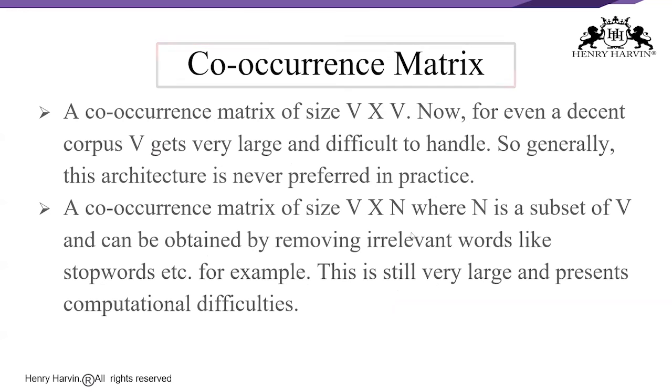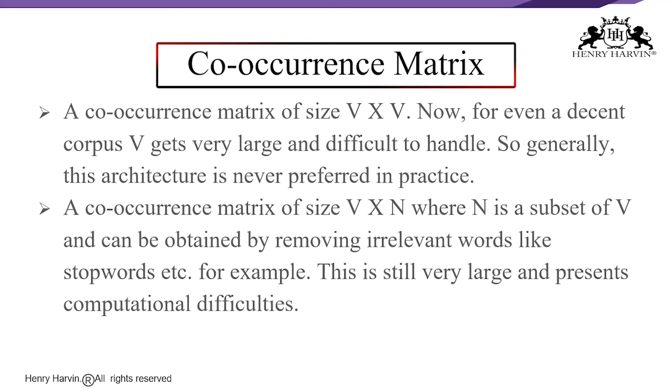But remember that this co-occurrence matrix is not the word vector representation that is generally used. Instead, this co-occurrence matrix is decomposed using techniques like PCA or SVD into factors, and a combination of these factors forms the word vector representation.